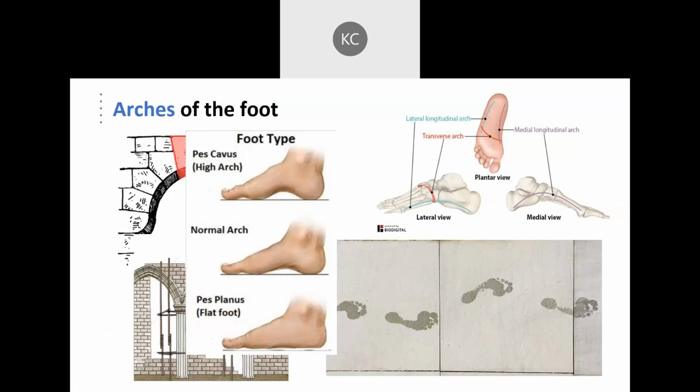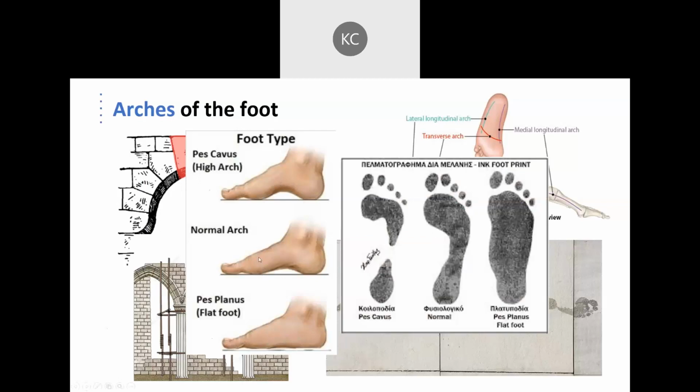Pes refers to foot, and this one is forming this large cave or this large concavity as a result of this increased arch, okay? And then you can have very flat feet, which is called pes planus, a straight plane in which the foot is all the way flat on the ground. Okay, so normal, excessively arched, or excessively flat.